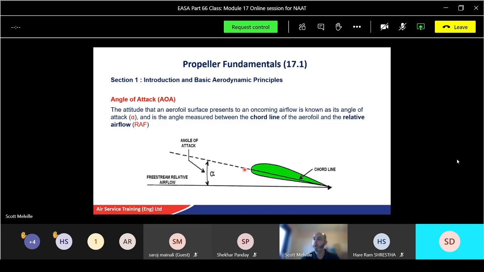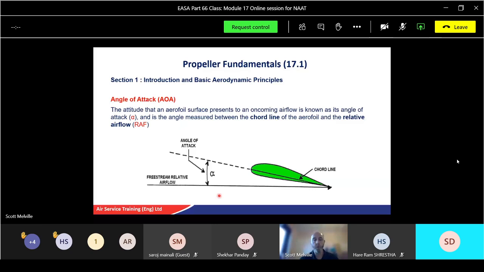Now the difference between that chord line and the direction the air is attacking the airfoil is known as your angle of attack, represented by the symbol there. Okay, good old angle of attack. Now, when it comes to propellers, like an aircraft, where you change the attitude of the aircraft to go up or down, they change the angle of attack.